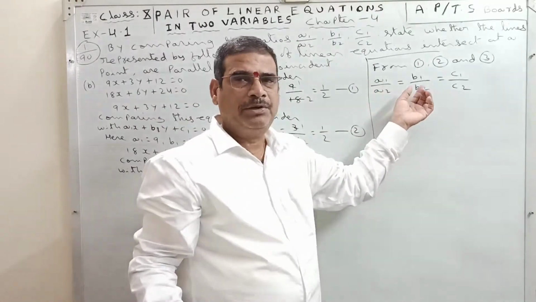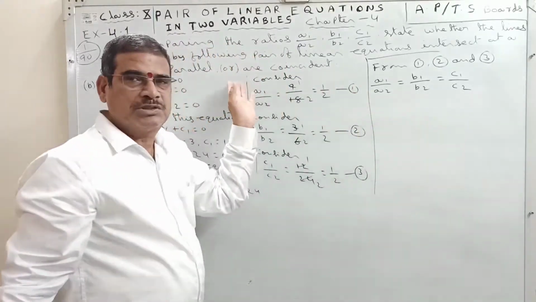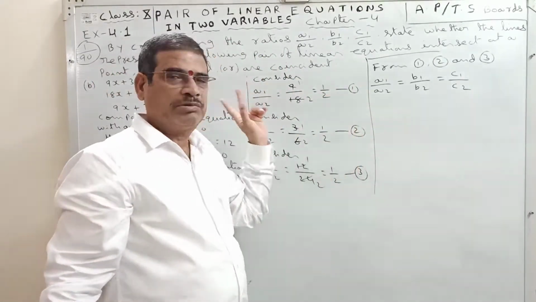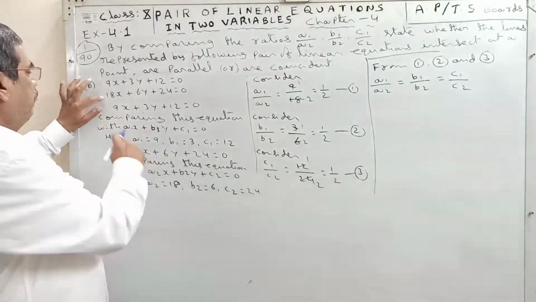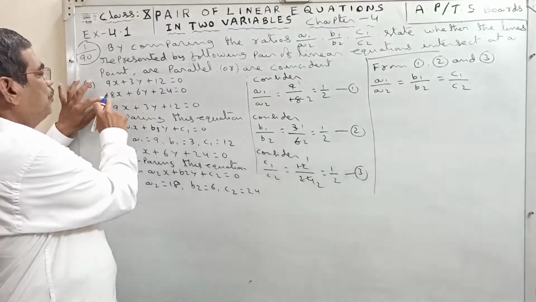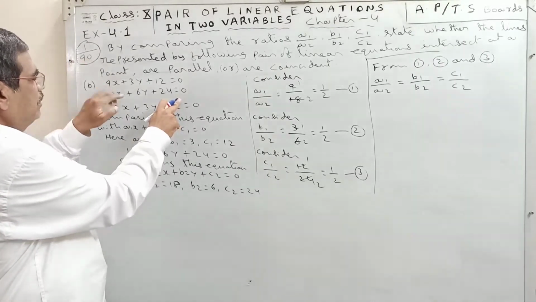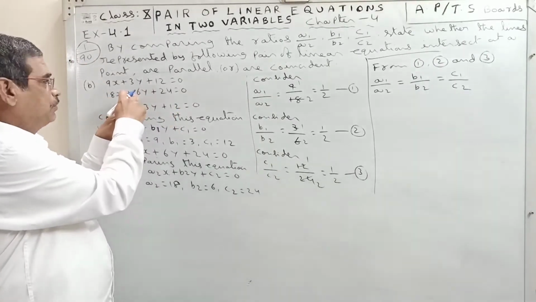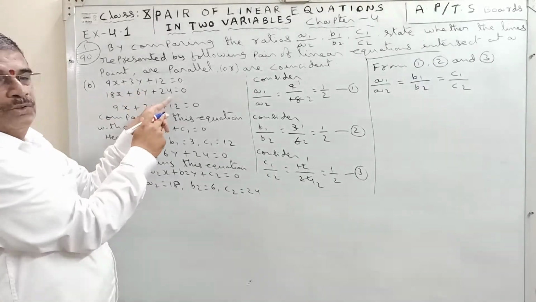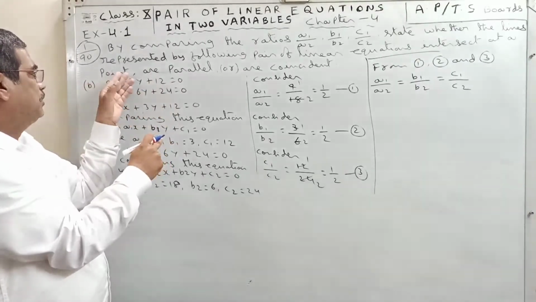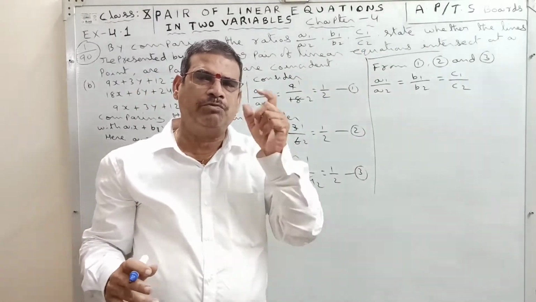What happened when all these values are equal? That means these two equations are not two, these two equations are only one. If we divide the second equation by 2, what will come? 9x, 3y, 3, 12. So these two equations are the same. That means there is no two lines, only one line is there.